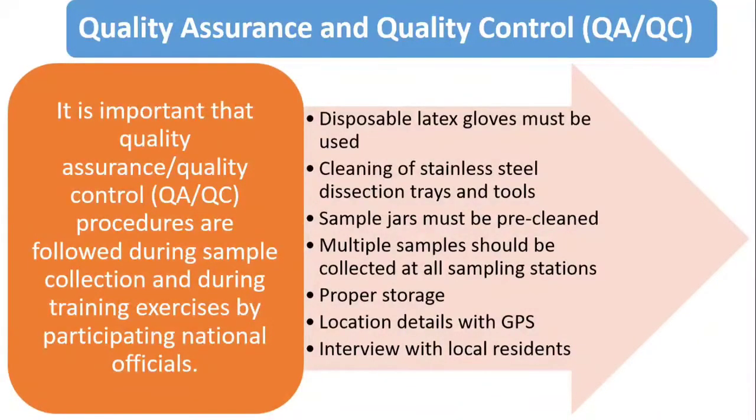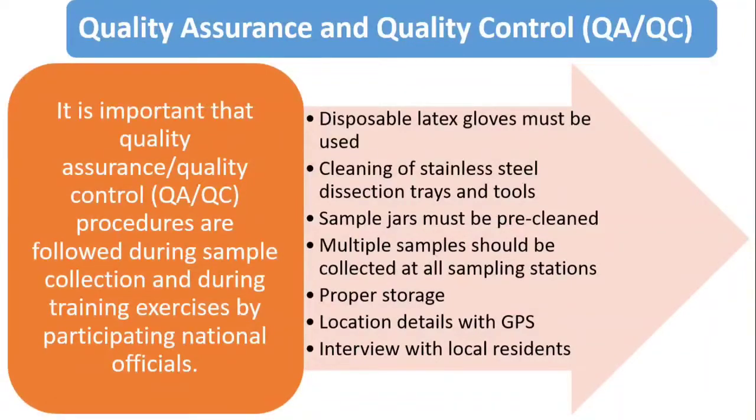Why do we use these disposable gloves? To handle all the samples and specimens, and they should be changed between the samples or specimens. Then we have to clean our stainless steel. It must be rinsed in distilled water, then acetone and hexane before each use and between the sample collection.